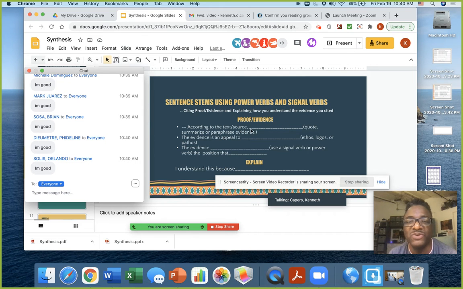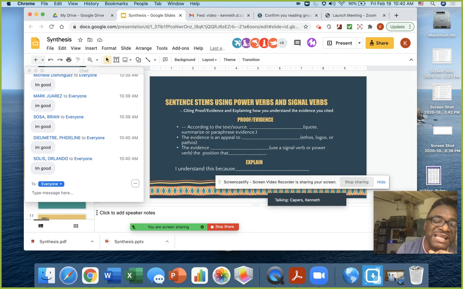According to the text source, and then here, the first thing you might do is summarize or paraphrase something that you read. Then you might tell me what kind of appeal is that? And is it effective or not? You could add that. Okay? The evidence, and then note when we get to the third one, this is when you start to use the power verbs or the signal verbs. The evidence suggests, the evidence argues, the evidence illustrates.